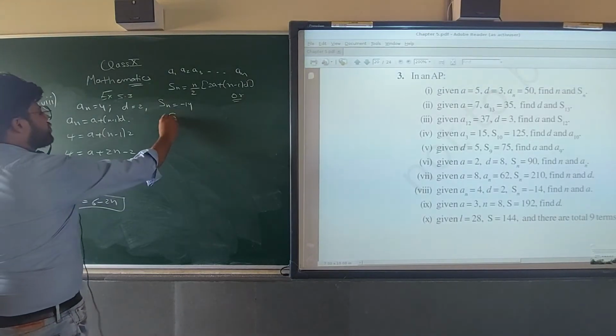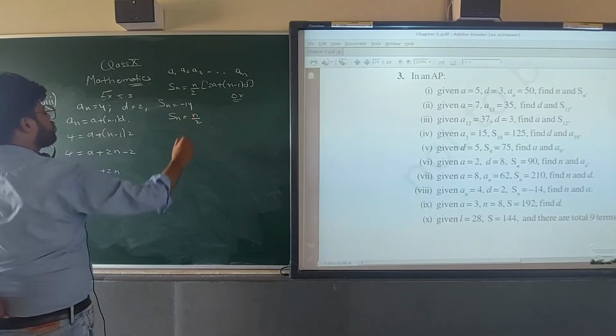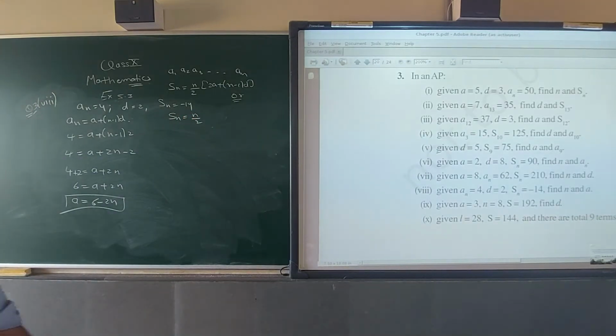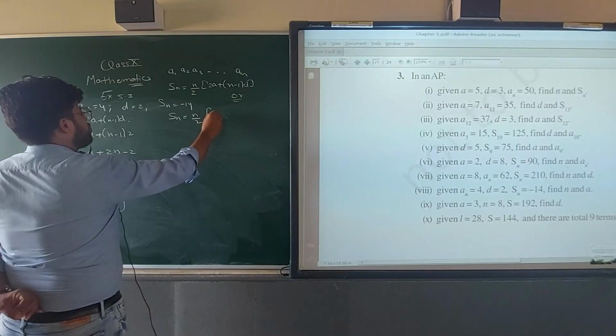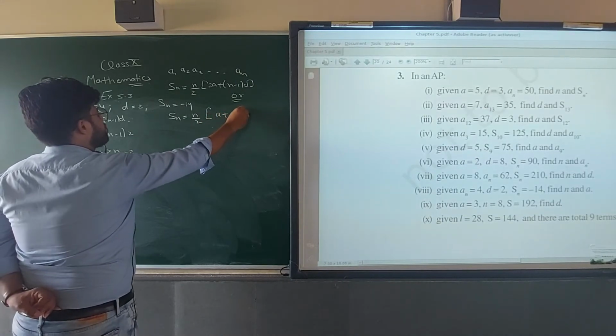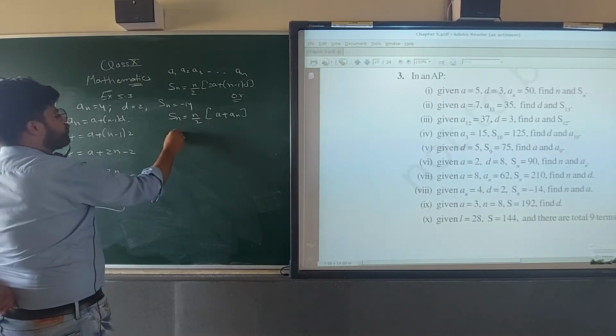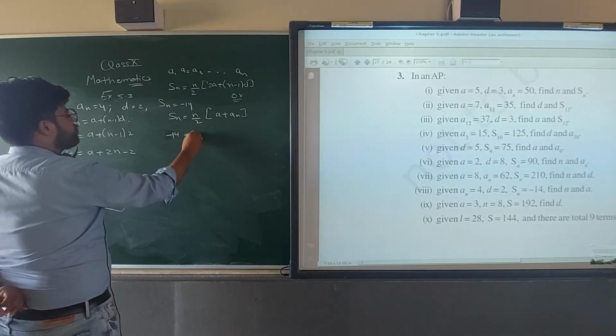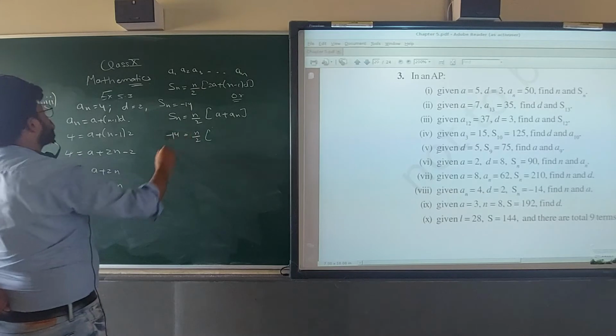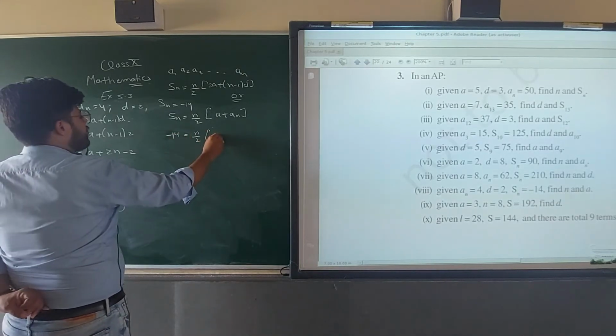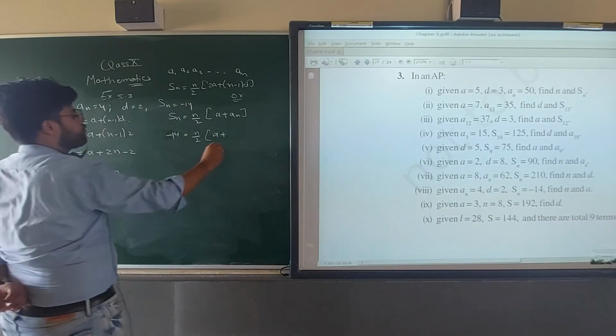Now I apply this formula of Sn, n by 2 into (a plus an), this one. Sn value is given, minus 14. Okay, n value we don't have, a value we also don't have, and an is what? 4.